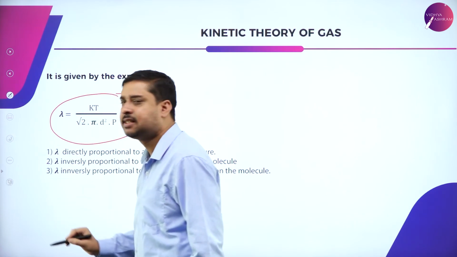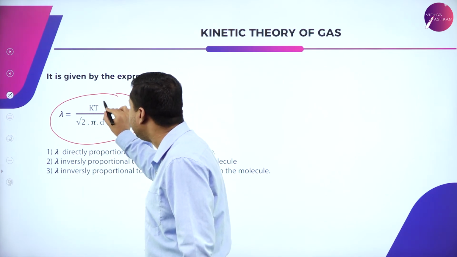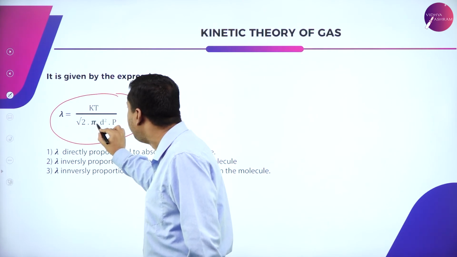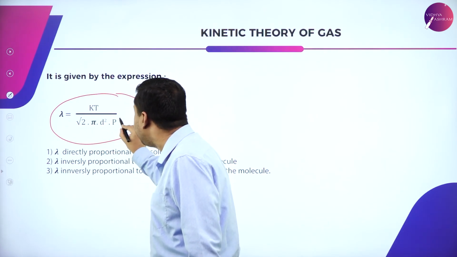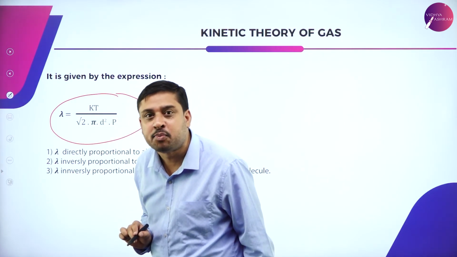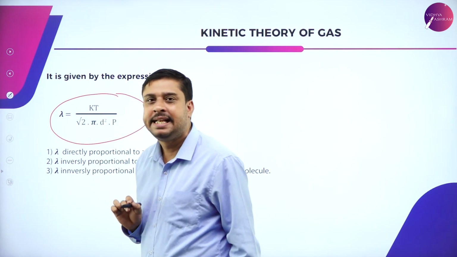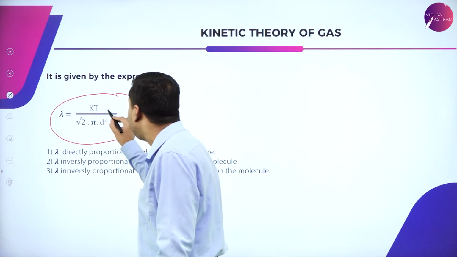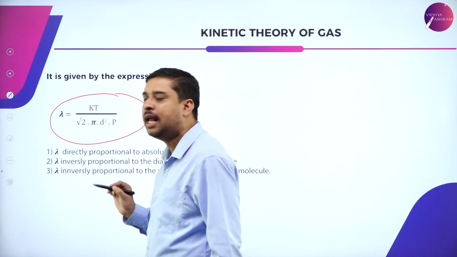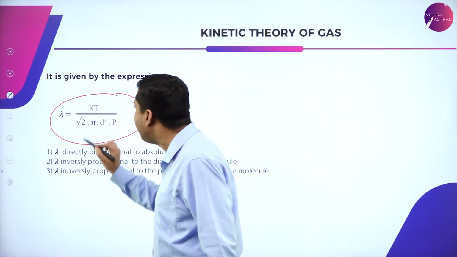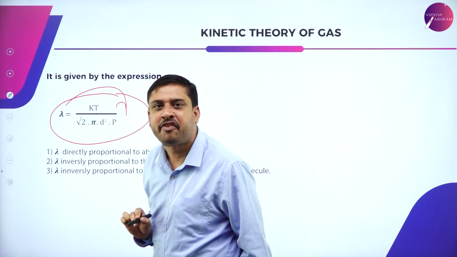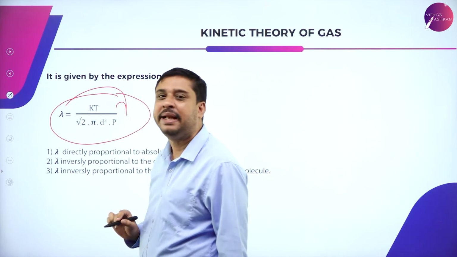lambda equals kT divided by root 2 pi d square into P, where k is the Boltzmann constant, T is the absolute temperature, d is the diameter of the molecule, and P is pressure. Therefore, what is the dependence of lambda, the mean free path, on these parameters?